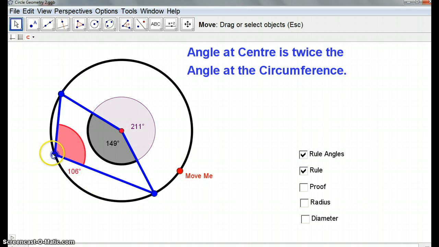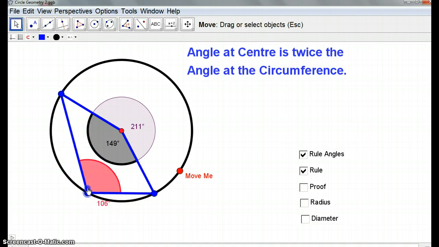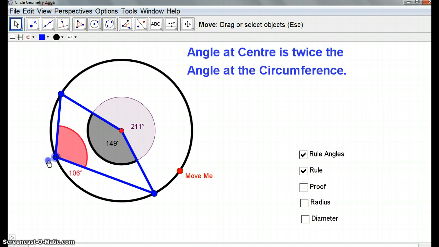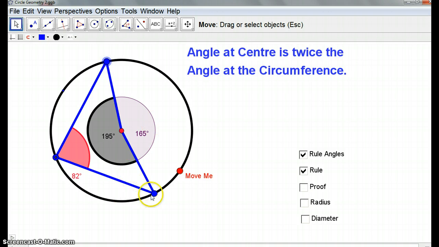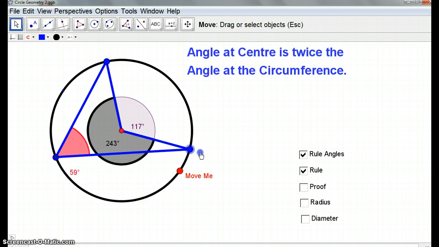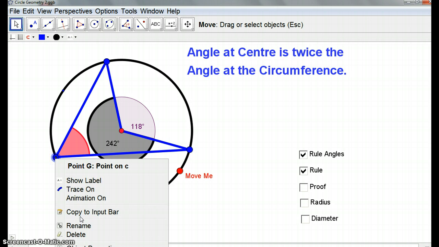So what I'm going to do is, let's have a look if we can notice anything here. I'll move that like that. Can you notice any relationship? I think it might be nice if I animate that.